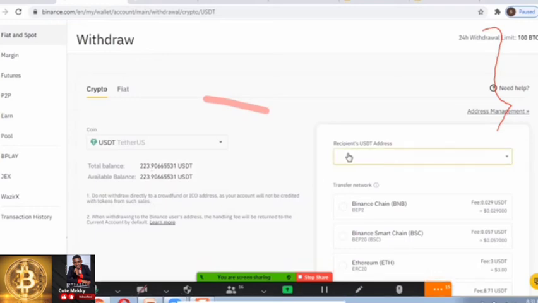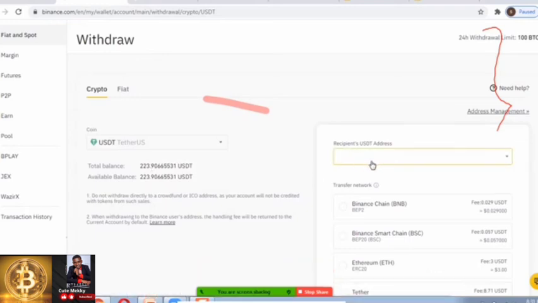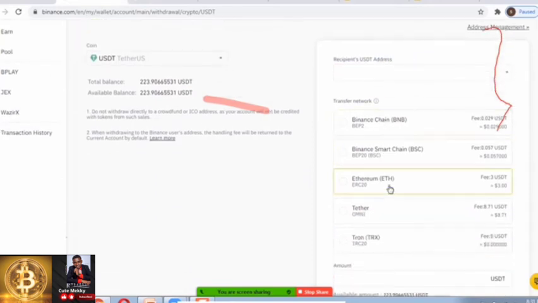What I will do is take the address of the person that wants to receive and paste it here. Now, one thing you have to do is select the network. You ask the person which network. If it is TRX, remember TRX has 0 fee. If it is the common Tether network, it is an $8 fee. You see other fees here.